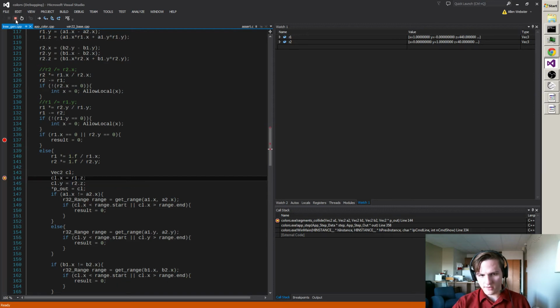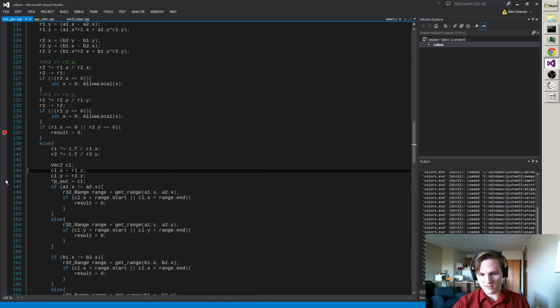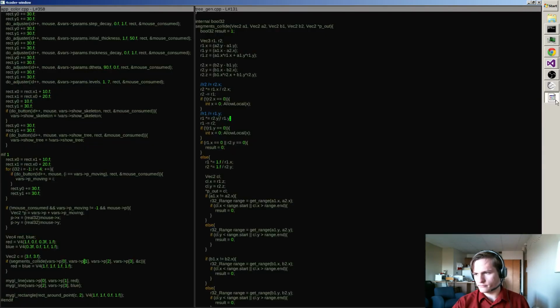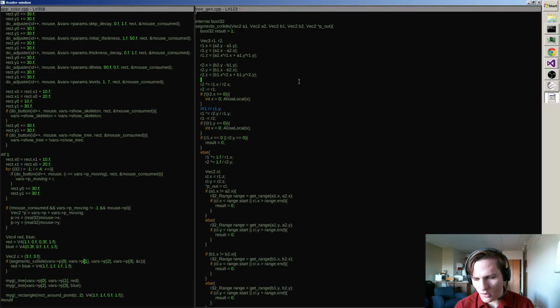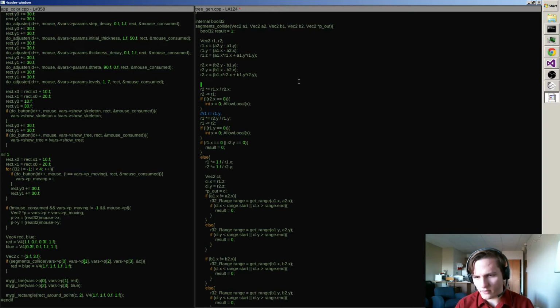Now I'm going to do it one step at a time, and each time I'll make sure that it's still working as I go. So, step 1. I don't want to do that division that way. I want to do r2 dot. Is there a guarantee that r2.x is even non-zero?